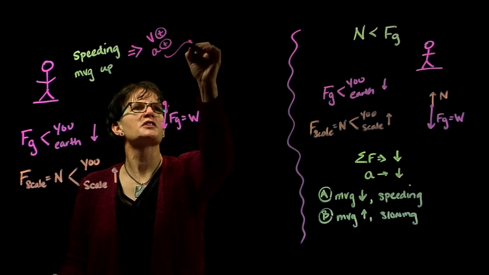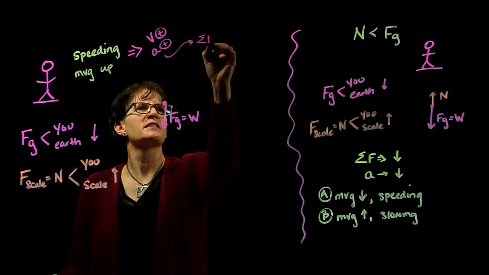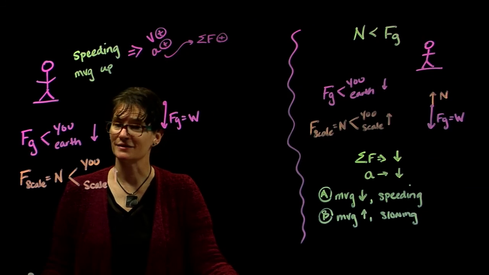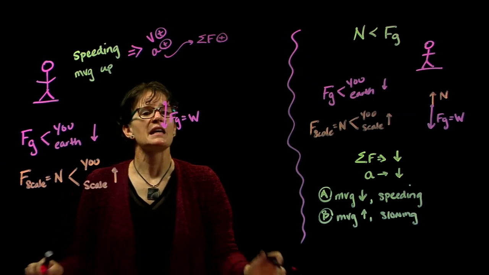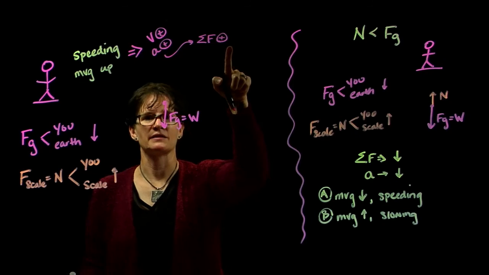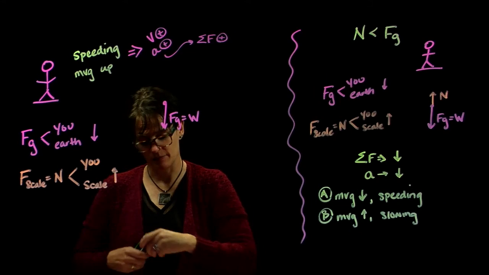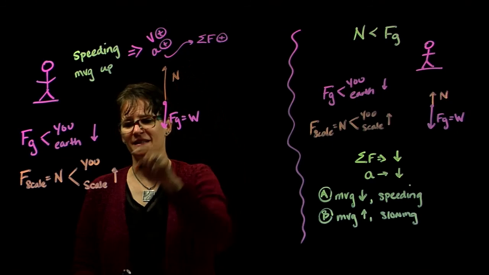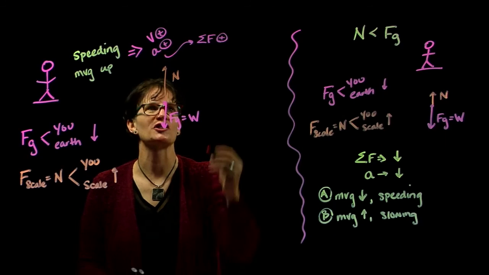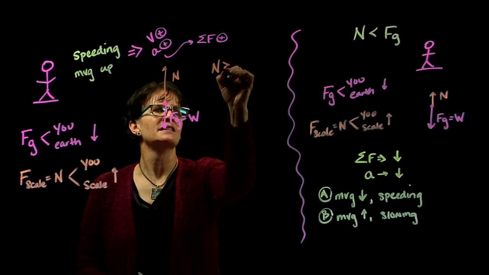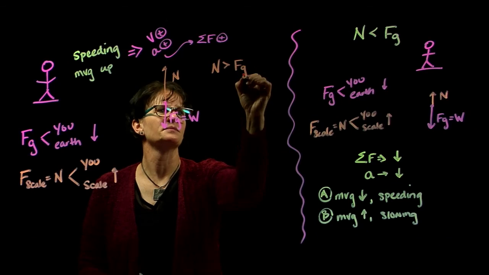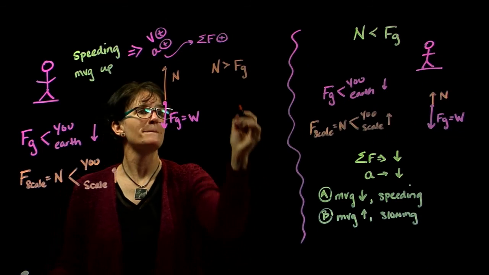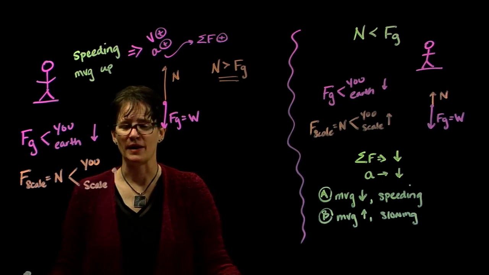If the acceleration is positive, then the sum of the forces is positive. The only way to get a positive sum of forces is if my up arrow, representing the force of the scale, is larger than my down arrow. And so the scale reads more than my weight.